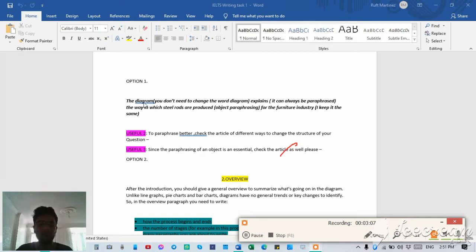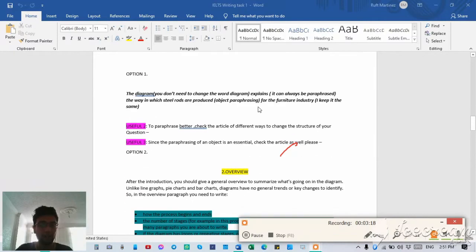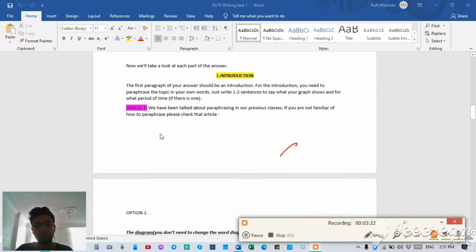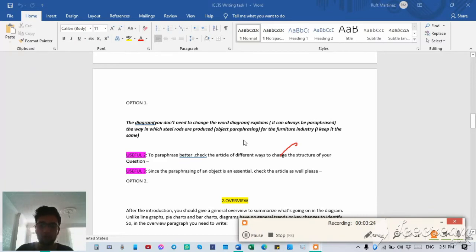So you always keep the question name, diagram, pie chart, bar chart, as it is. What I did was change the word illustrates to explains, or you can say shows, or instead of illustrates you can say depicts or demonstrates, and many other synonyms you can use for that.